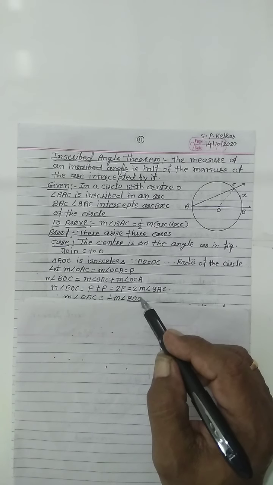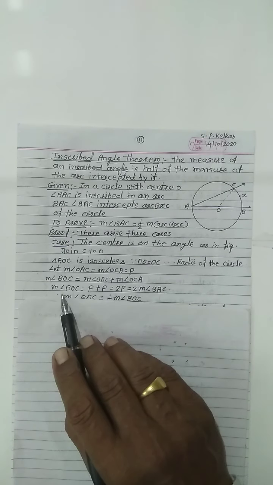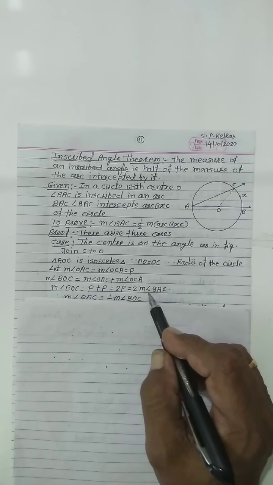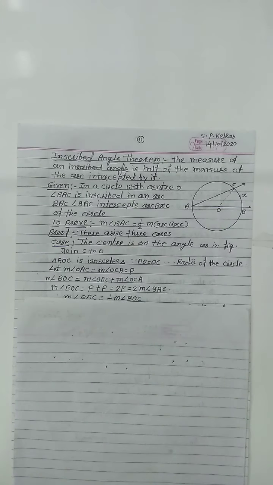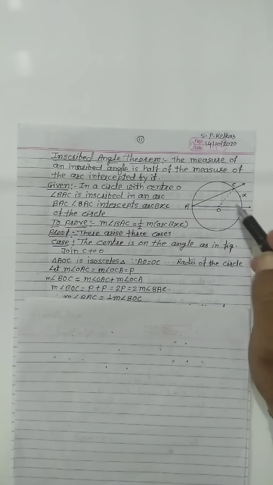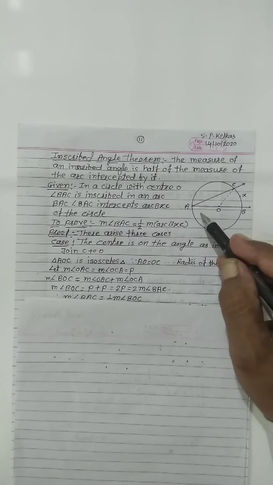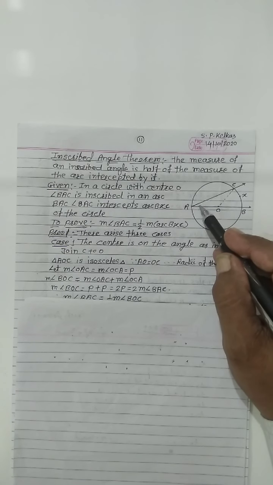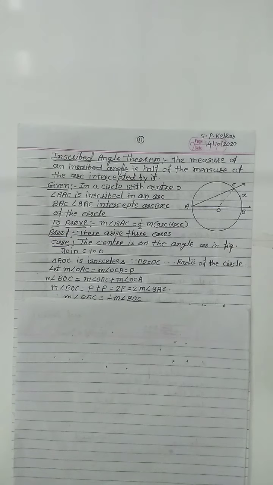Then we can write the measure of angle BOC equals twice the measure of angle BAC.